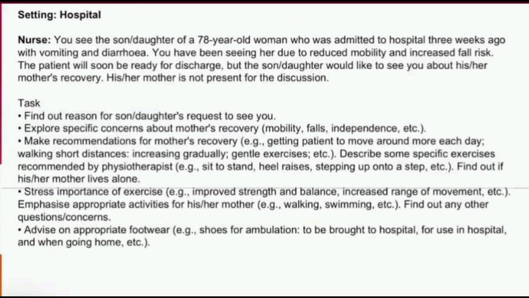Regarding the footwear. So the last task is advise on appropriate footwear.